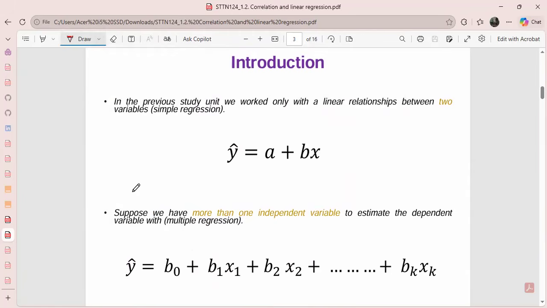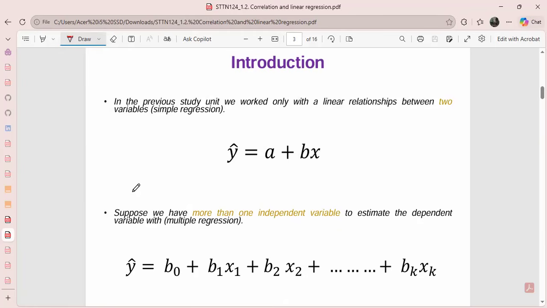Last semester you were doing the STTN 111 module and you were dealing with linear regression, where you're given x and y. The x is the independent variable, the y is the dependent variable. Now with multiple regression, you will be dealing with more than one independent variable, which can be x1, x2, x3, x4.